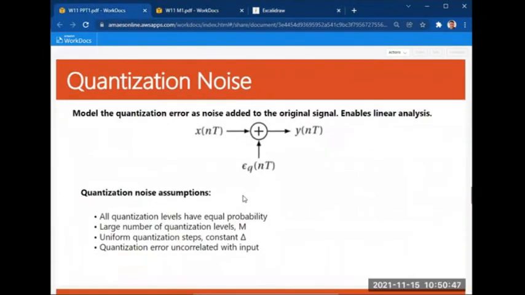Next, you have quantization noise. So this will be the representation for our quantization. We model the quantization error as noise added to the original signal. So this is the original signal, and this is the quantization error.